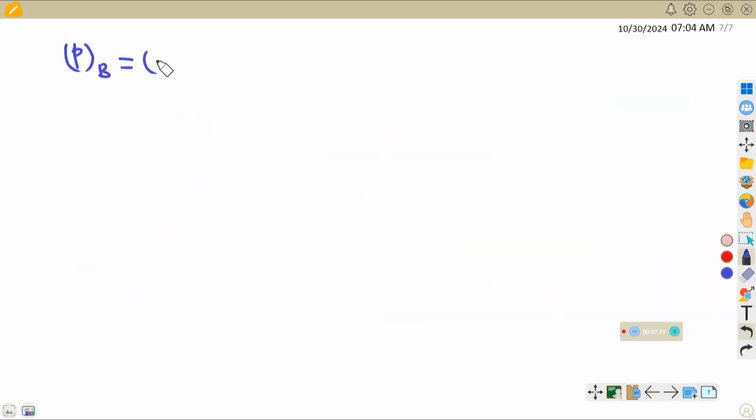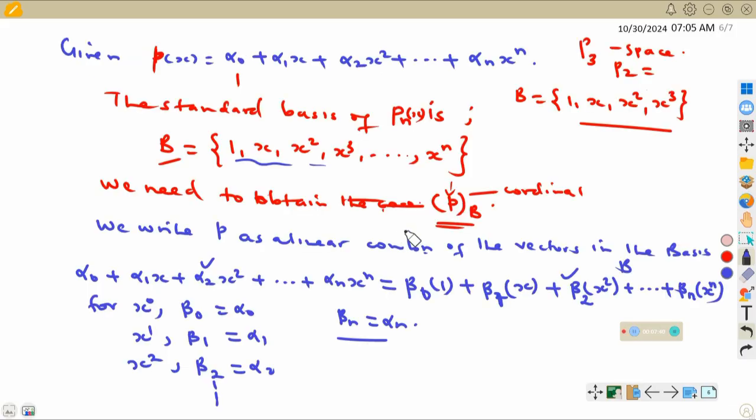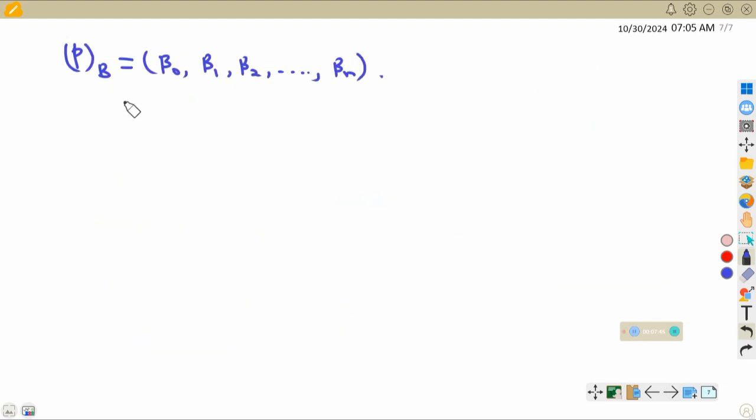And beta naught is actually alpha naught, beta 1 is alpha 1, beta 2 is alpha 2, and this continues up to alpha n.